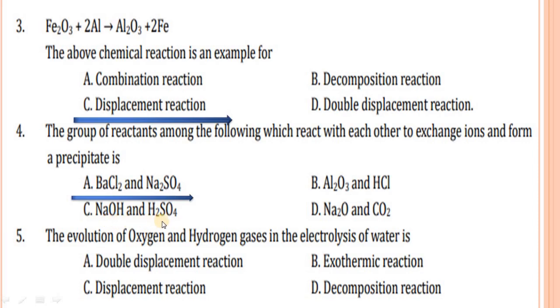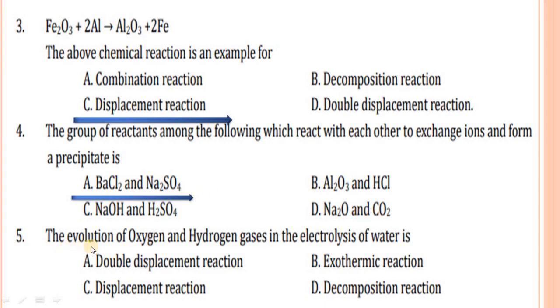So base plus acid is there. So this will be the example for neutralization reaction. And if you see option D, here metallic oxide and carbon dioxide is there. Metallic oxide is basic in nature and non-metallic oxide is acidic in nature. So this will be the acid-base reaction.